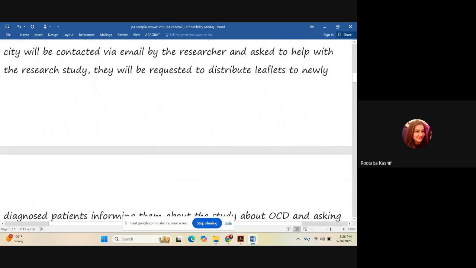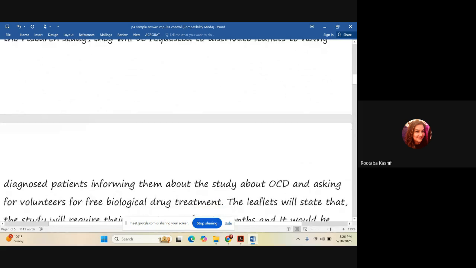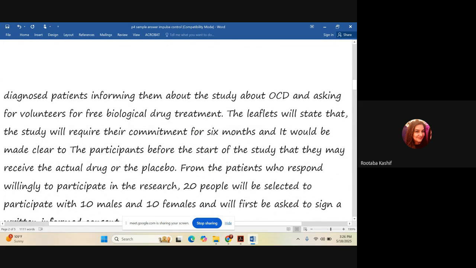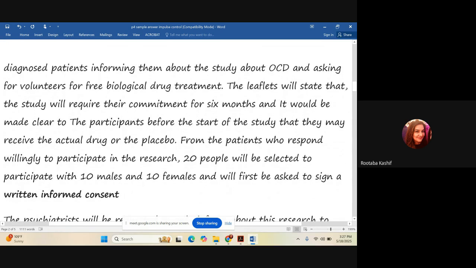They will be requested to distribute leaflets to newly diagnosed patients, informing them about the study, about OCD, and asking for volunteers for free biological drug treatment. Right? So this is the incentive. Maybe they'll participate because they'll be getting free treatment.